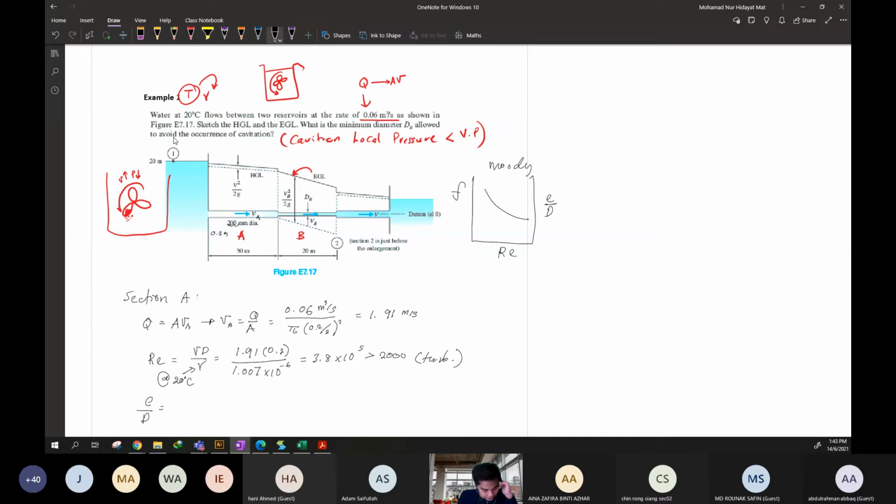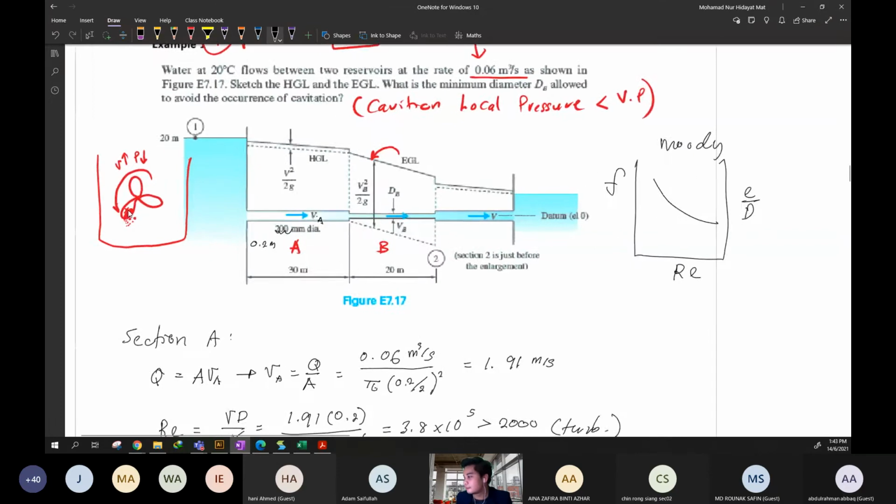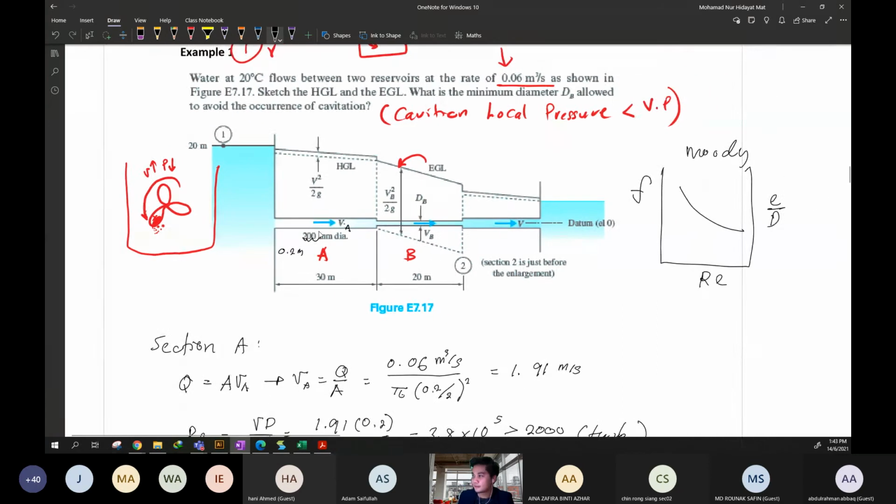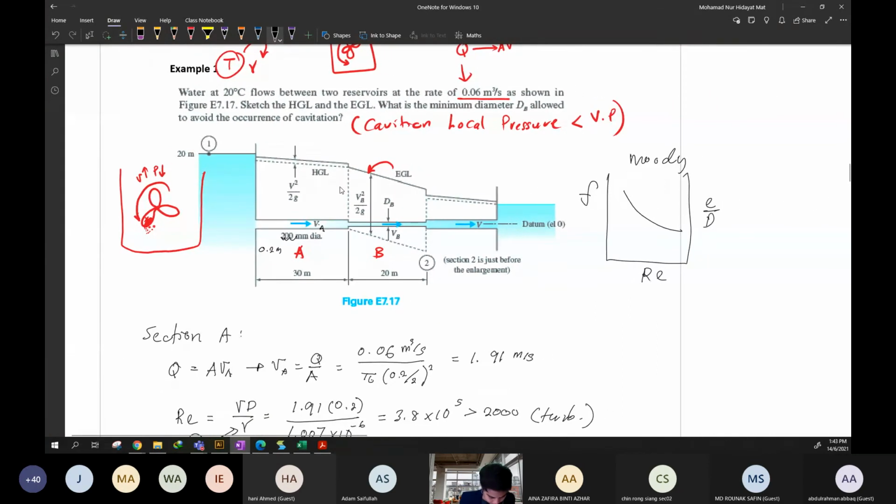Let's find out. Water at 20 degrees Celsius flows between two reservoirs shown in the figure. Sketch what the minimum allowed diameter can be. Let me find out first.